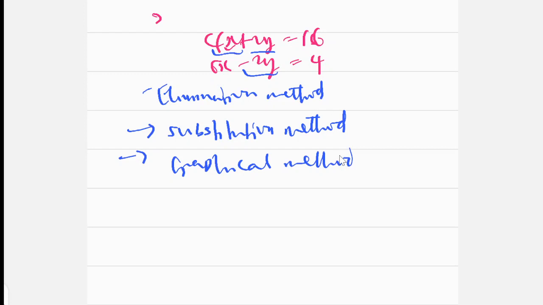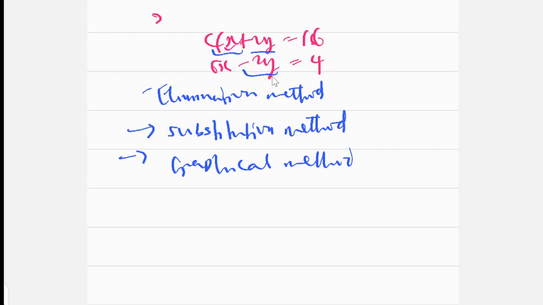If you are solving this kind of equation, just check: is my coefficient equal in any of the unknowns? If so, then you don't even need to make them equal again. Just use your elimination method directly. For example, if you check the coefficient of y now, it is very easy because the coefficients are equal.